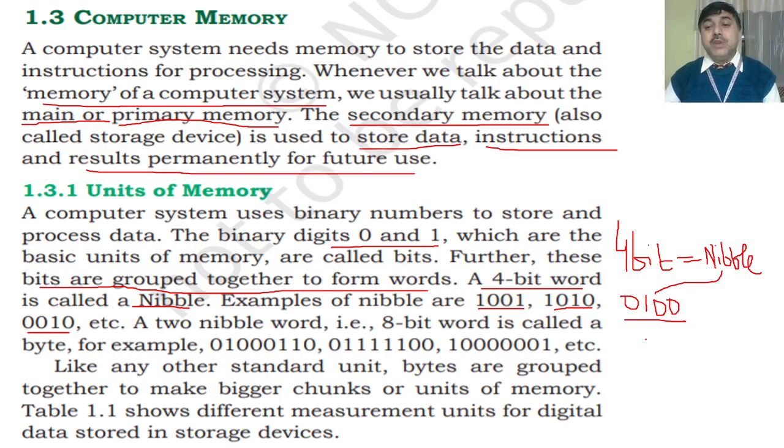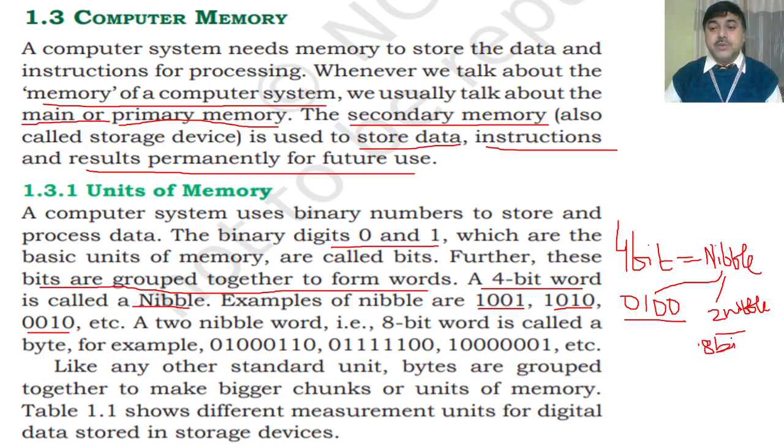Now when we take two nibbles, that means 8 bits. Two nibbles is originally 8 bits.